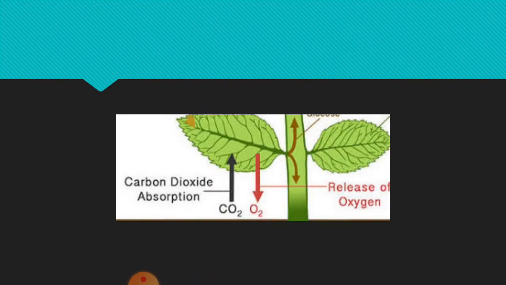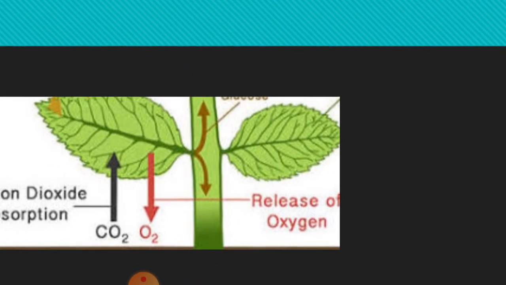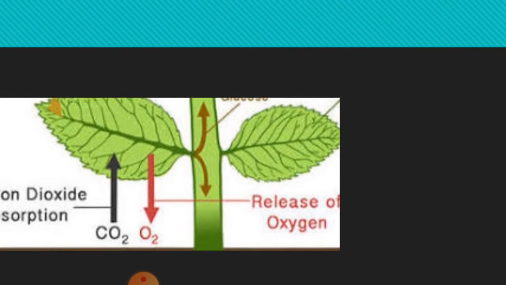Second function of leaves: leaves possess minute pores called stomata. Gas exchange takes place through the stomata. These leaves have small pore-like structures through which the gas exchange takes place.